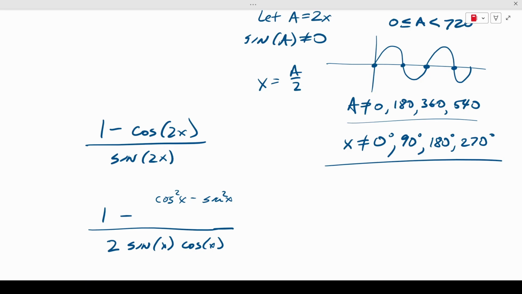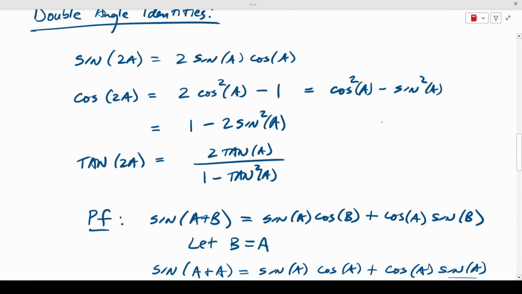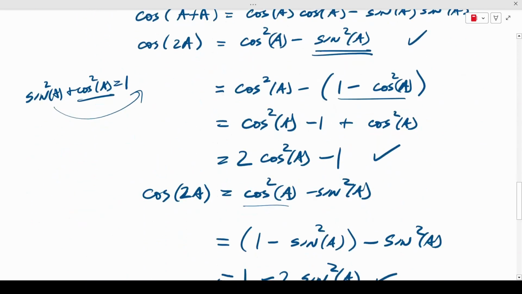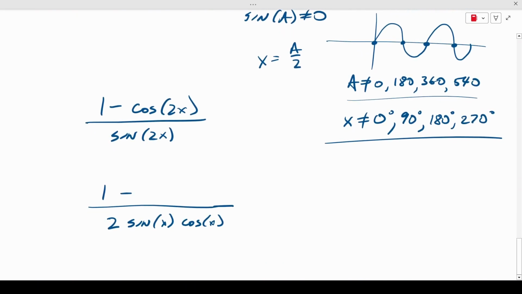What else do we have? Well, cos 2x is also equal to 2 cos x squared minus 1, or 1 minus 2 sine x squared. Now, let's see here.